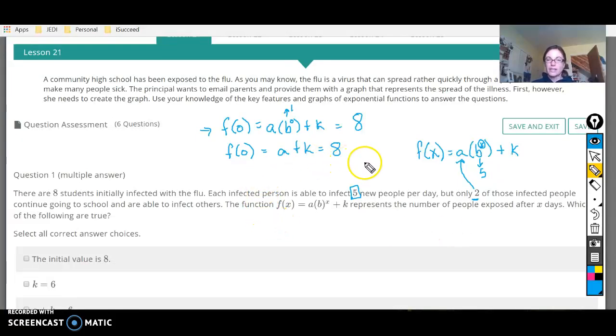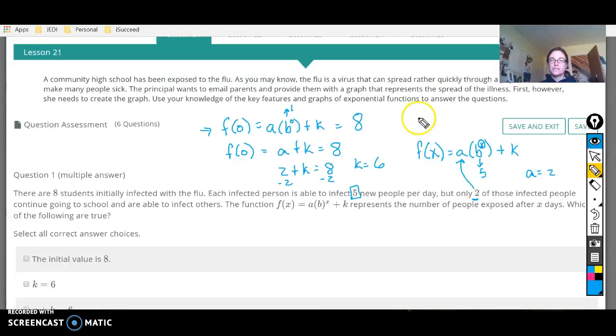So now that allows us to find k. If I know that a is 2, then I can say that f at 0 is 8, right? Our initial value is 8. So 2 plus k equals 8. If I subtract 2 from both sides, I get k equals 6.